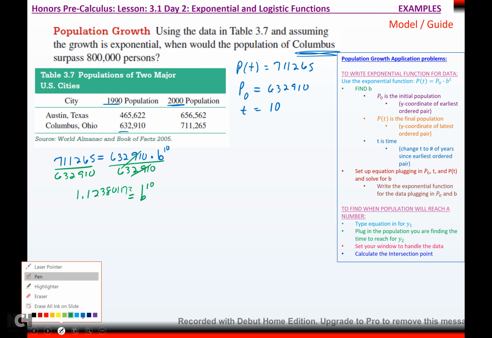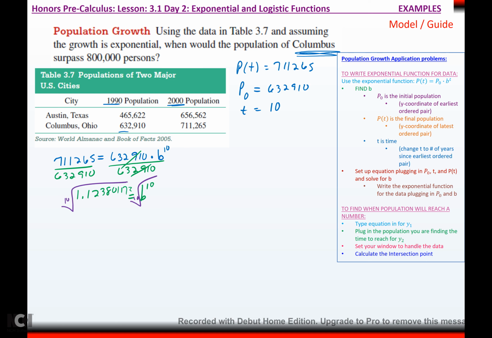To kill the 10th degree, I'm going to take the 10th root. Please, you're not taking the square root, you're taking the 10th root. So if I do the 10th root of that answer, I get 1.01 if I round.